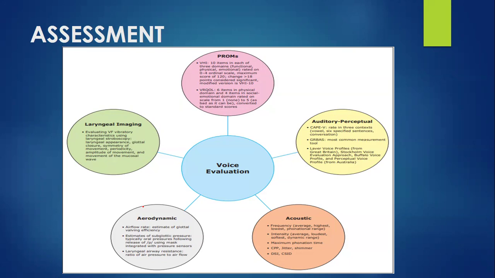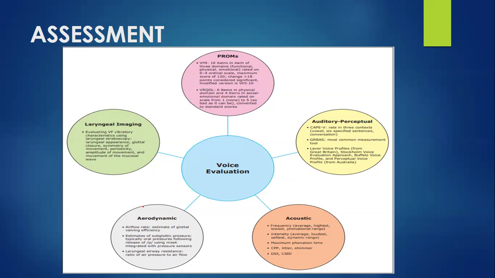So it's a rating scale where the SLP listens to the vocal quality and rates the individual's voice. I would encourage you to look for the CAPE-V and see how it looks. You might be given a case with results of the CAPE-V, and you should be able to understand and interpret that.